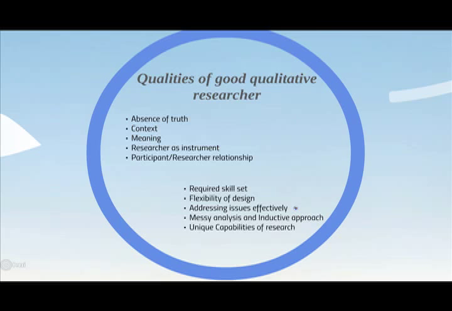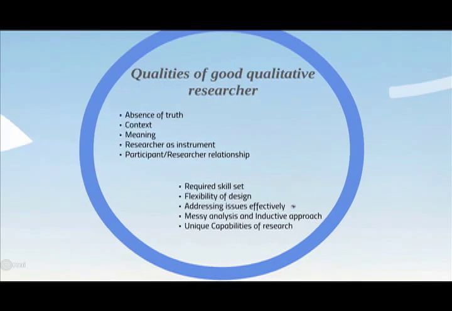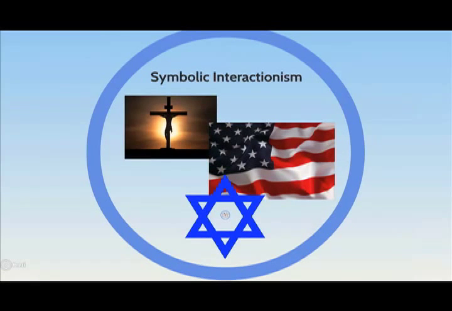Now, what you're going to see here is I brought up symbolic interactionism. This is basically saying that there are certain things or actions that will affect a person personally. On the screen you can see in front of you what I have is a cross and the Star of David for religious, and the American flag.